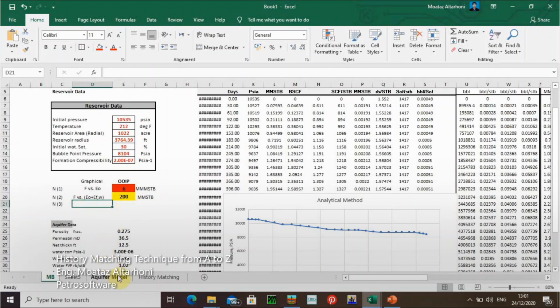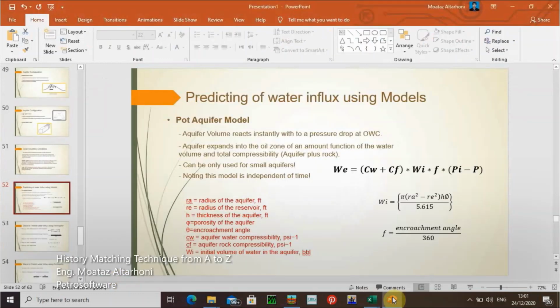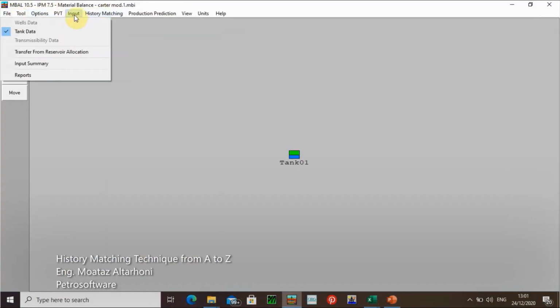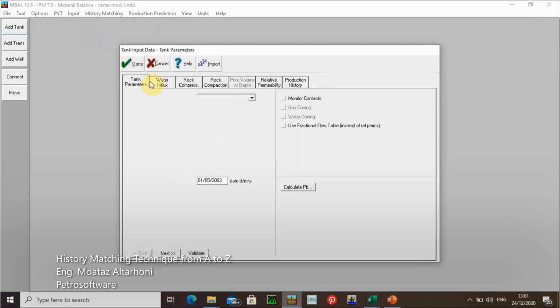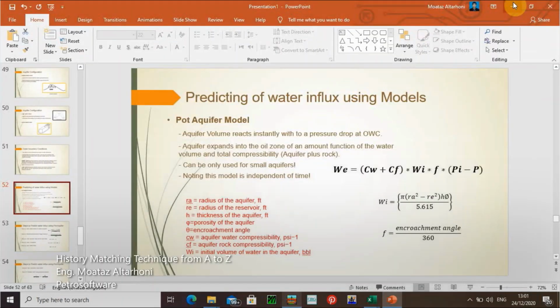So we will calculate an aquifer model here using a simple one. We have many water influx models: Hurst, Van Everdingen, and Vitkovich, with both semi-steady and steady state, Carter, Tracy, and now I will use a small pot aquifer model in an Excel sheet, using a very simple equation.